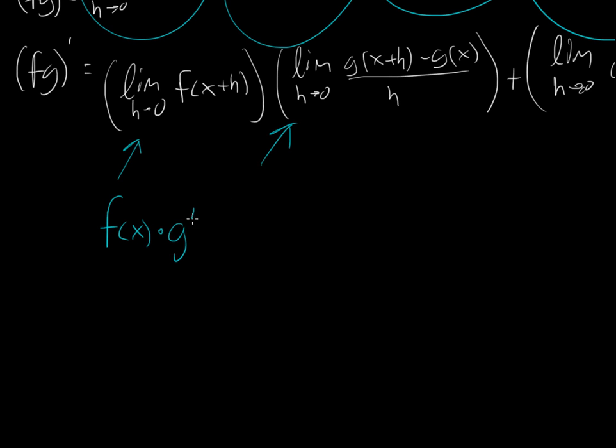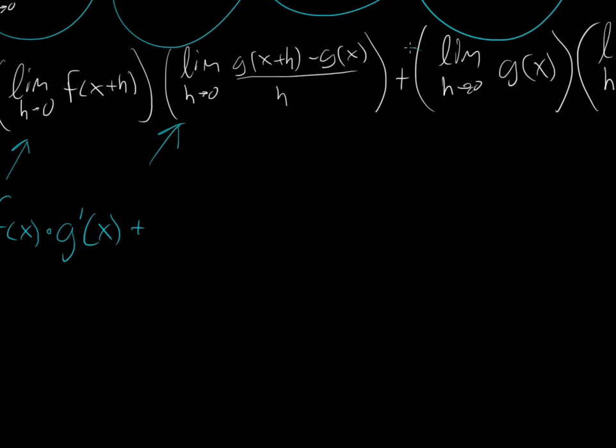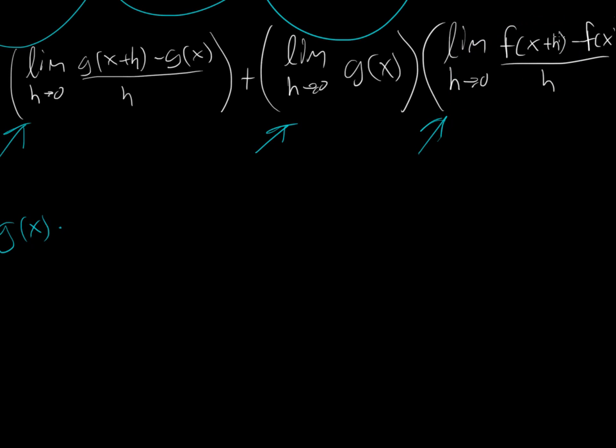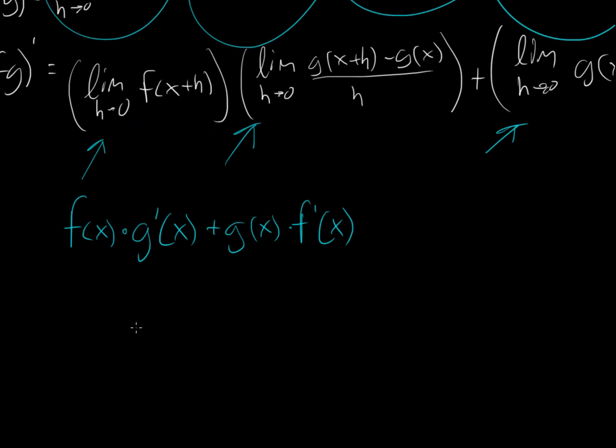So this is g prime of x, plus, this plus right here, the limit as h approaches 0 of g of x, well, there is no h, so this is g of x, times this expression right here, and this is again the definition of the derivative. This is obviously f prime of x, and there you have it. This is the product rule.